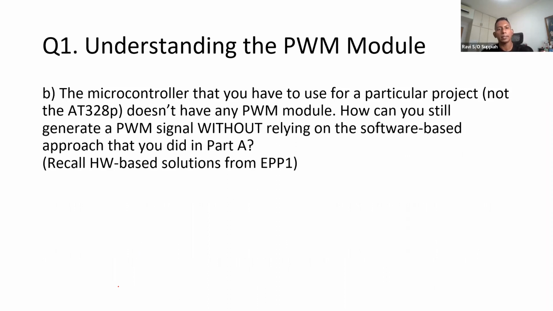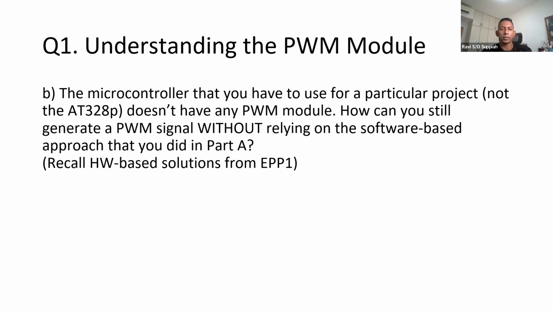So the other scenario is, if I do not have any PWM module in the microcontroller, but I don't want to use a software-based approach, like what we saw just now. What are the other options available?